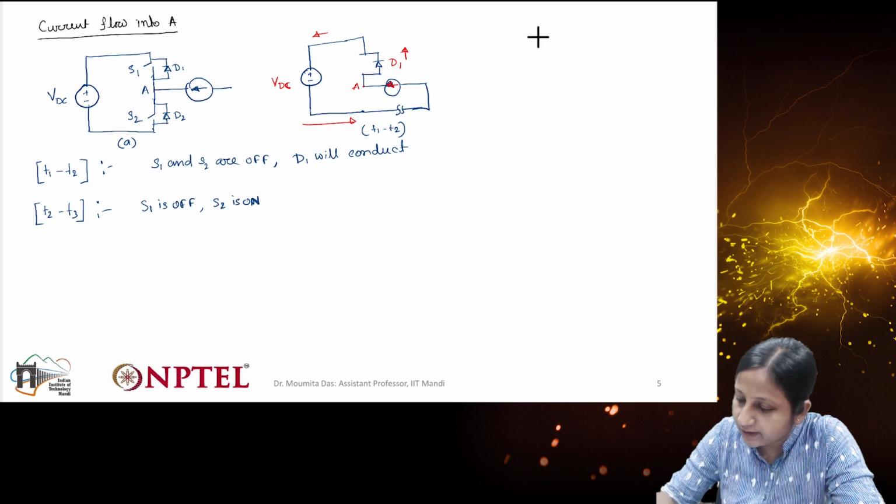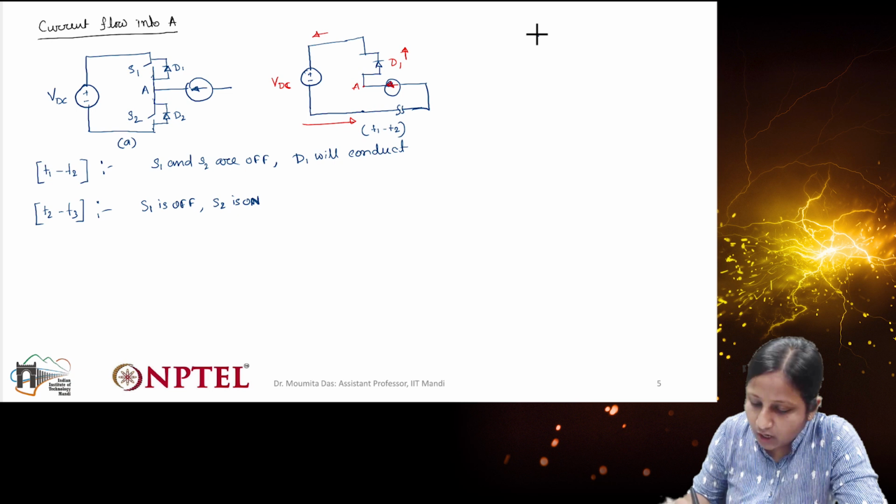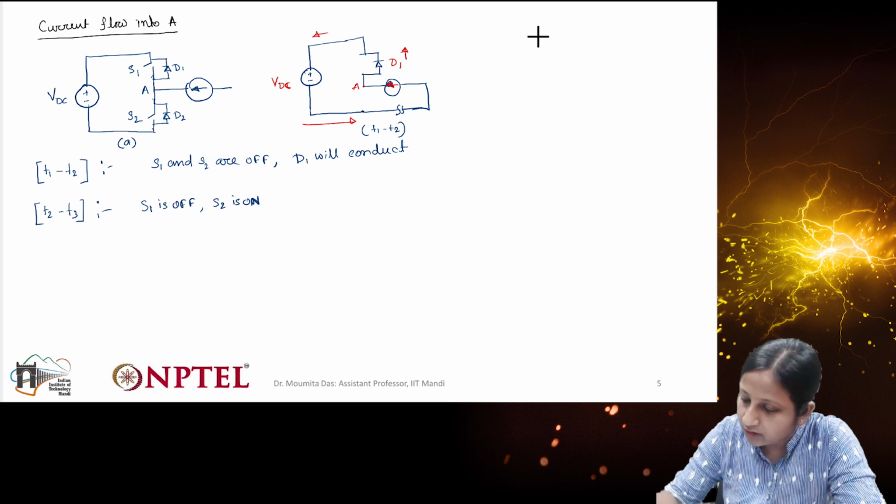You can see here, S1 is off, our current is entering. So obviously it can have a path through S2. So then current will shift from D1 to S2.